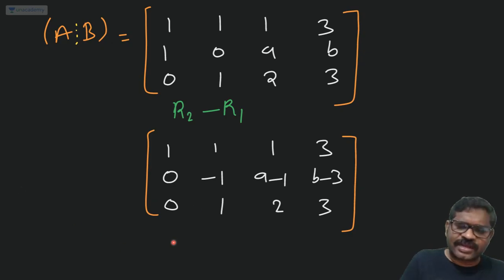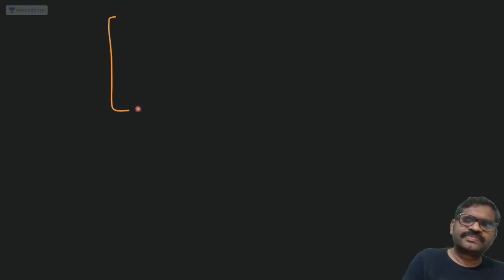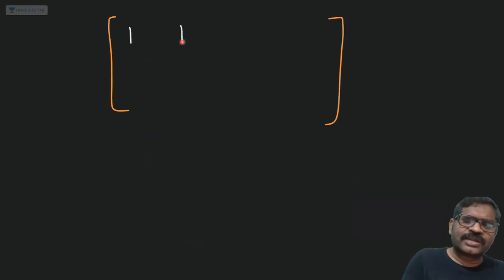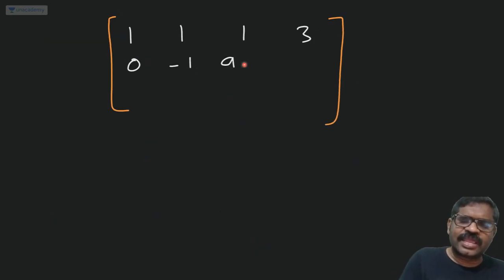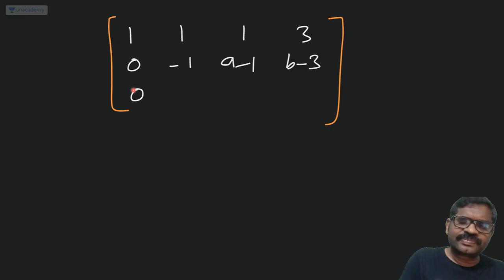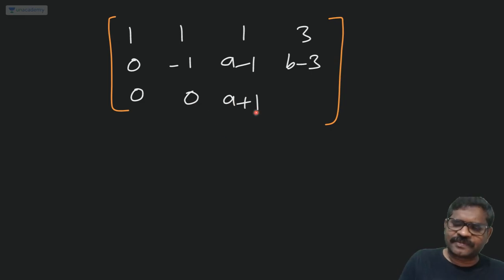Now R3 plus R2: 1, 1, 1, 3; 0, minus 1, A minus 1, B minus 3; 0 plus 0, 1 minus 1 is 0, A minus 1 plus 2 is A plus 1, 3 plus B minus 3 is B.